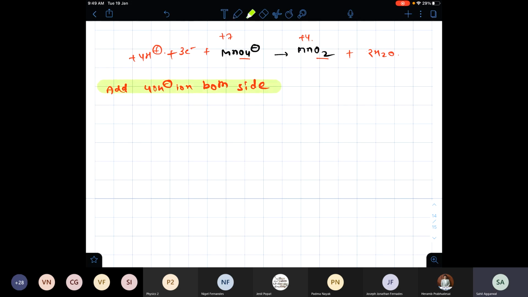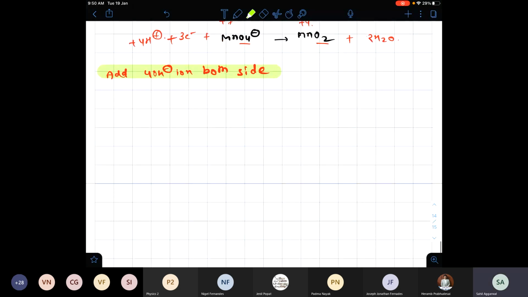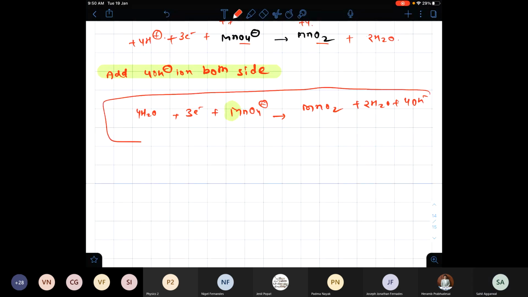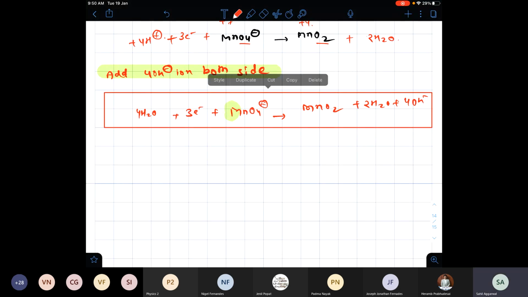Add 4 OH minus ions on both sides. We know 1 H plus and 1 OH minus gives 1 water. Any doubt in this?